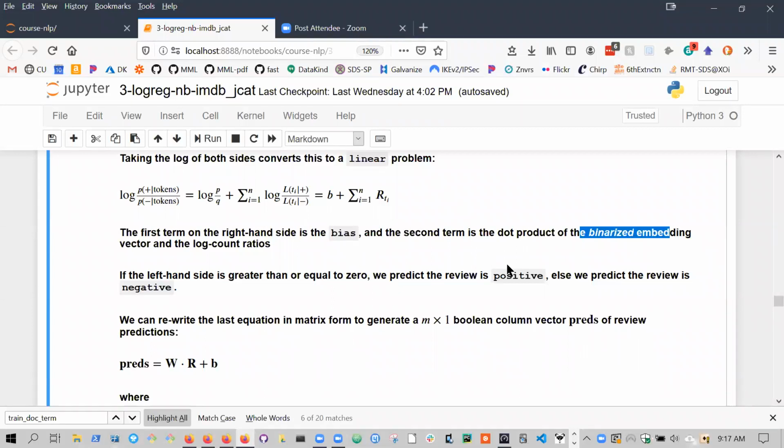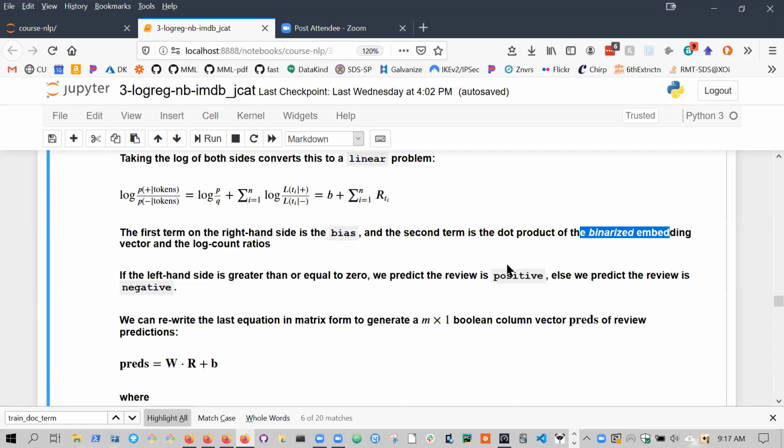So if the word the gets used 20 times in a review, then remember the word the is the 9th entry in our embedding vector, because that's what the vocabulary said. When you look up string to index of the, you get 9, I think. And so the 9th entry in that embedding vector would be the number of times that the got used in that review.